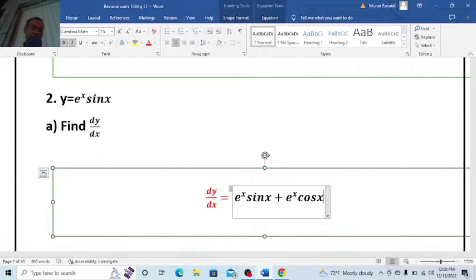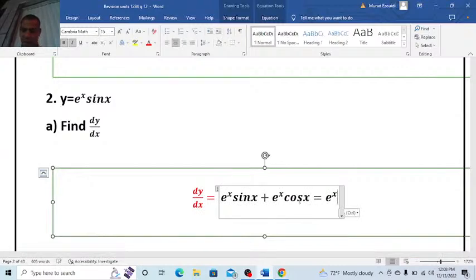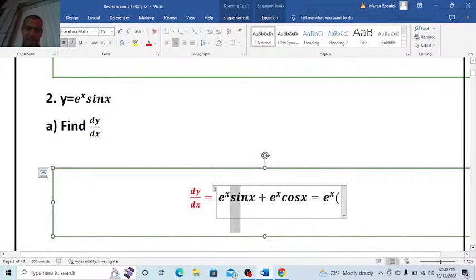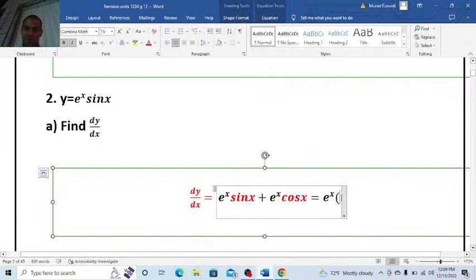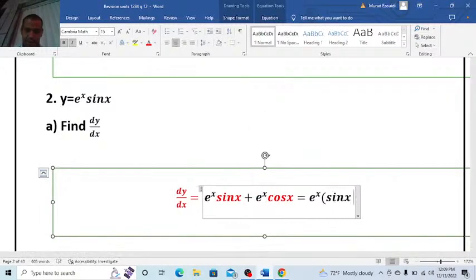Okay, so I will put exponential of x as a common factor. It remains only here sine x plus cosine x. Therefore I will write them here: sine x plus cosine x.